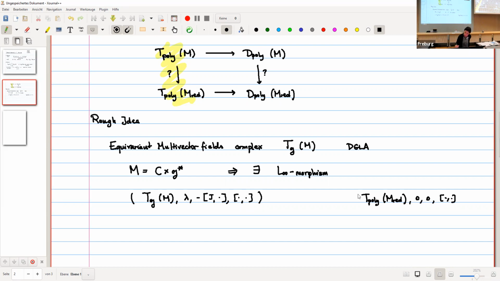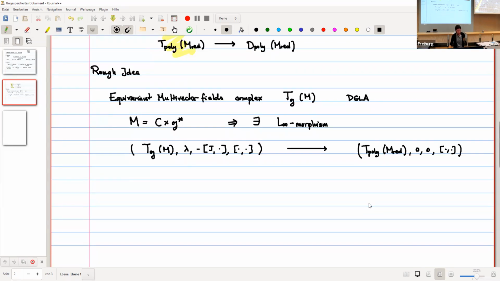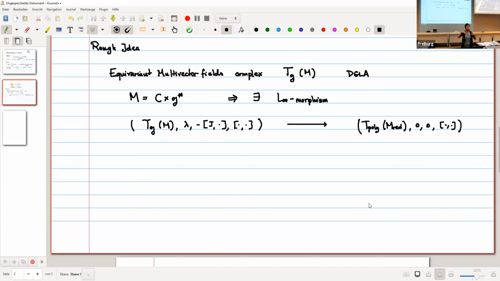So we could prove that there exists such an arrow. How? What we did was construct a diagram, and then we compose everything and we get this arrow.